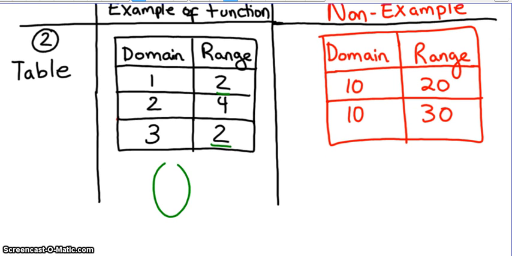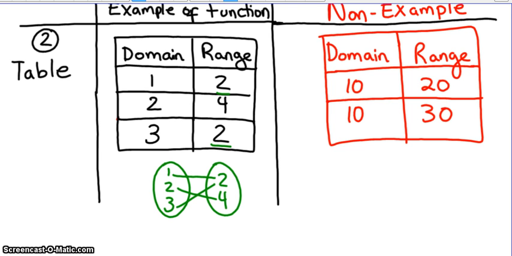If I were to make a mapping diagram of this function, I will have 1 connected to 2, 2 is connected to 4, and 3 is also connected to 2.